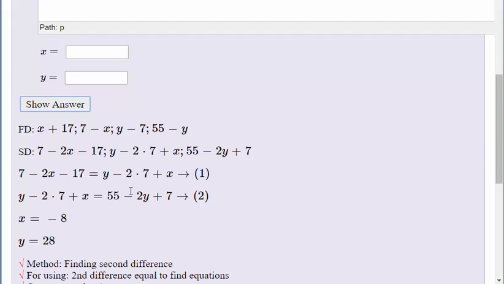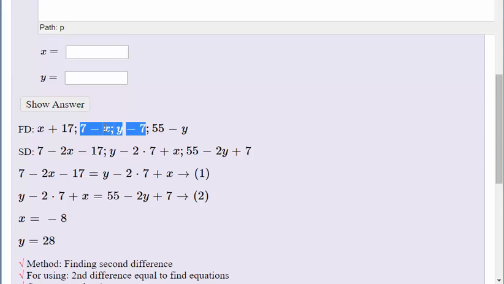Then we take these to get our second differences. So here's a sequence of second differences. The first is 7 minus x minus 17, so 7 minus 2x minus 17. Then that was taking the first two. Now taking the next two, I get y minus 7 minus 7, so I'm subtracting 7 twice.